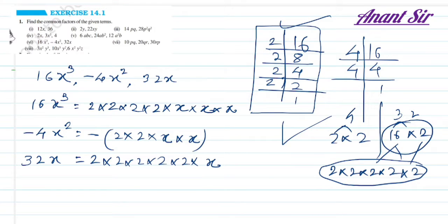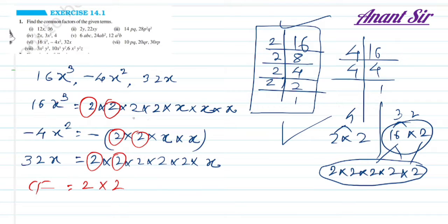Okay, so let's find the common factors now. So there is 2 here, 2 here, and a 2 here also, so I write 2. Again, we have one more 2 common.